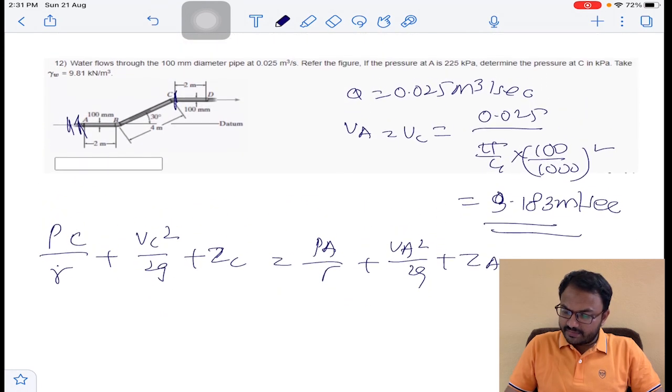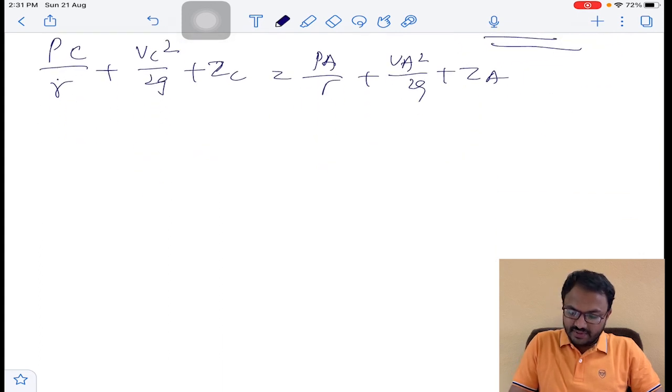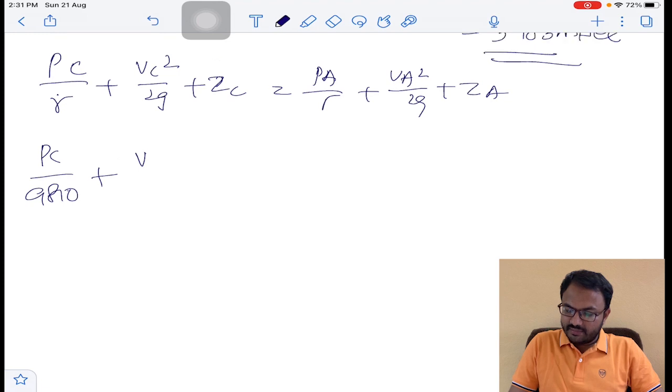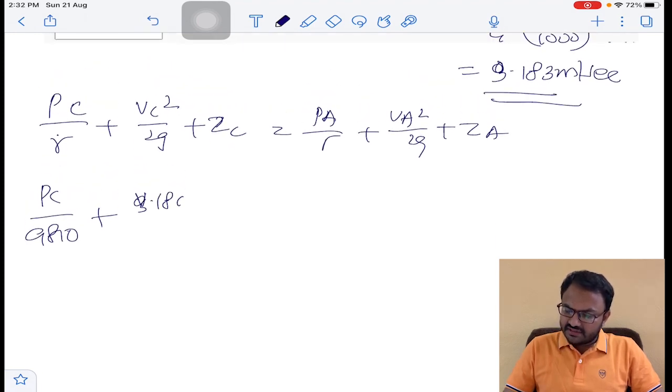He has given the pressure at point A and asked us to calculate the pressure at point C. So the unknown is PC by gamma, is equal to 9810 Newton per meter cube plus VC is 3.183. You can observe that the velocity at C and at A is the same, so we can neglect these two terms.